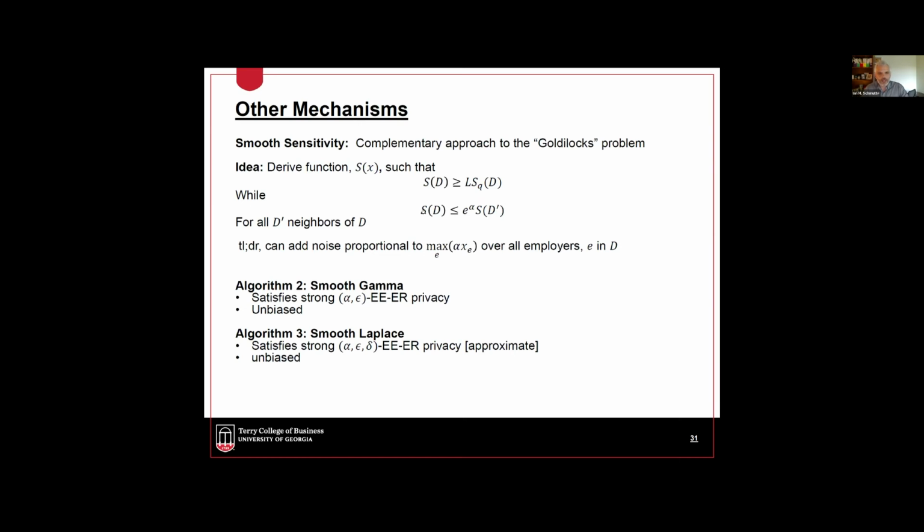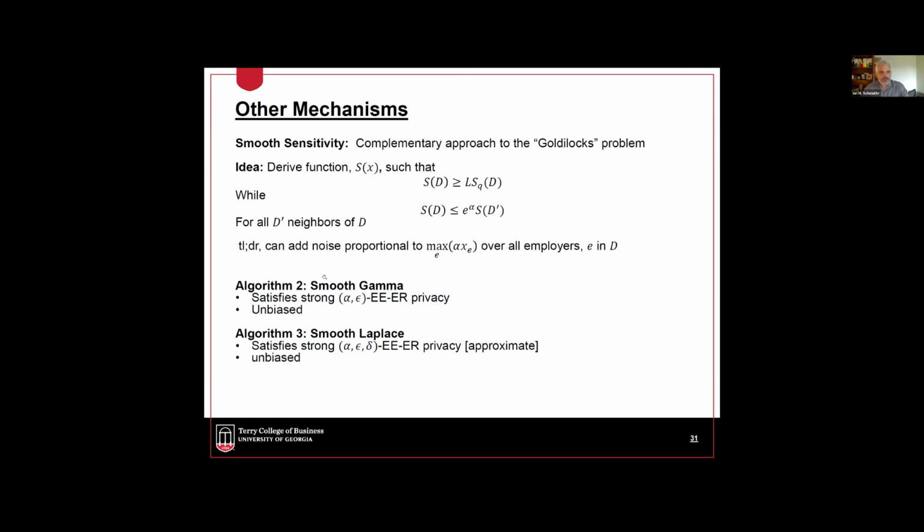So if I operate this function on the initial database versus any one of its neighbors, it's going to be bounded above by a factor e to the alpha. What this means is that operating with the smooth sensitivity in this particular use case, you can add noise that's proportional to the maximum of alpha times the employer size over just the set of employers that are in the initial data set.